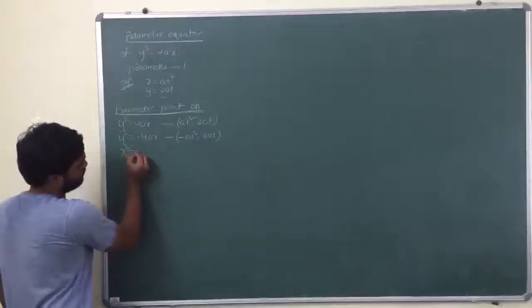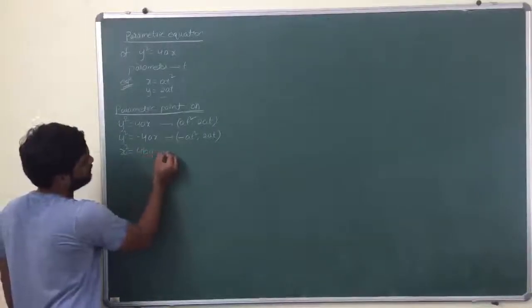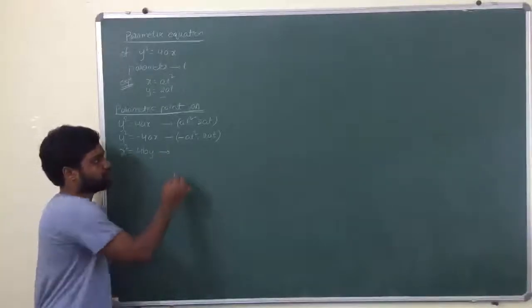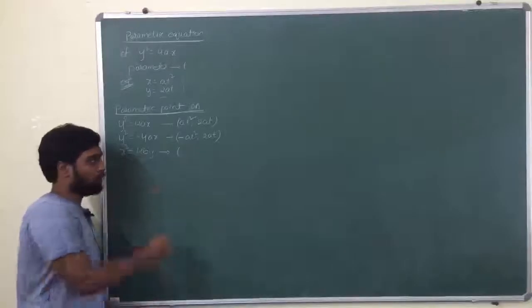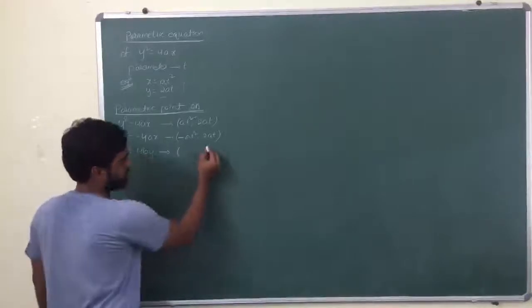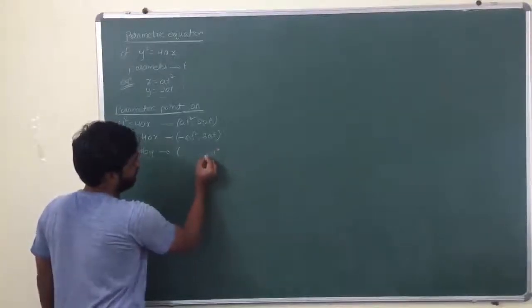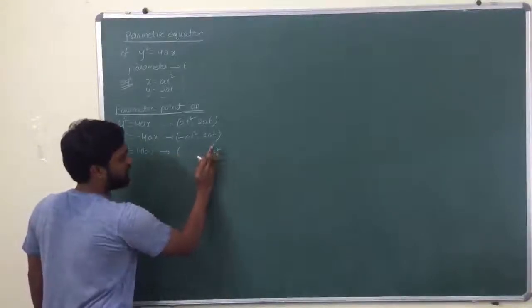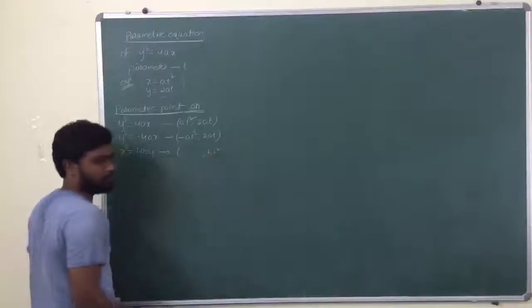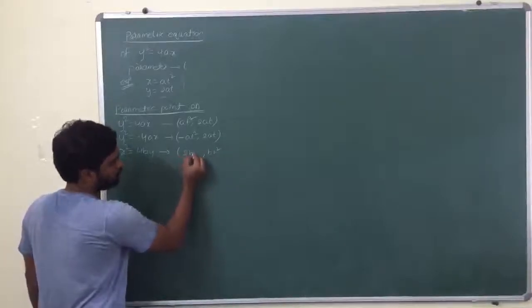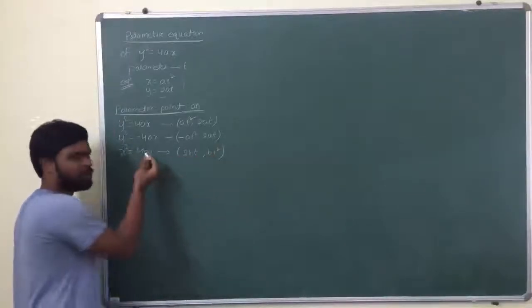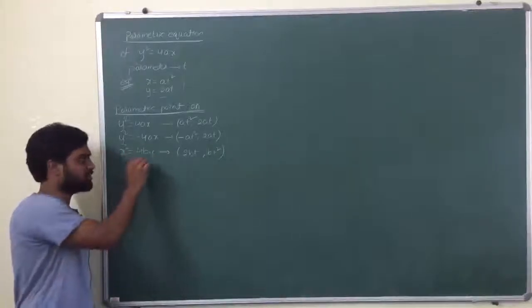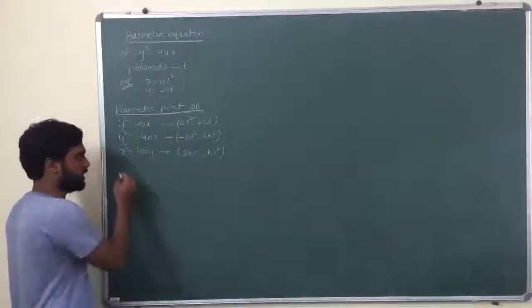Next, x square is equal to 4by. Now y coordinate is positive, so it is bt square, and x is 2bt. A or B doesn't make any difference, it's just a constant, and 4b is the length of latus rectum for this parabola, and for the earlier one it's 4a.